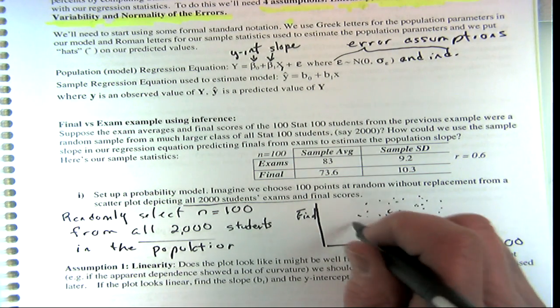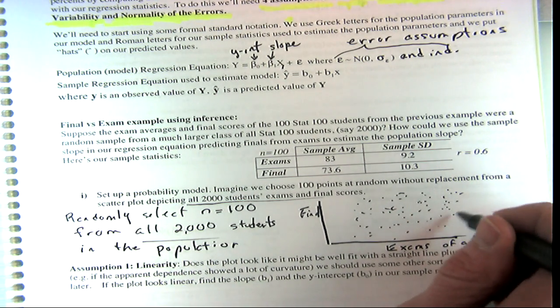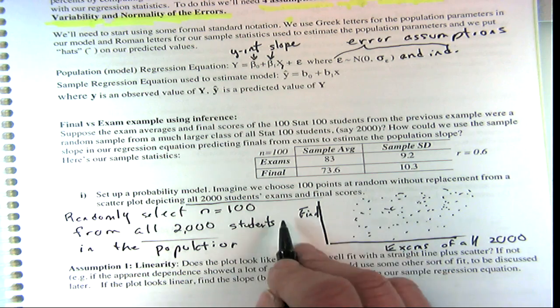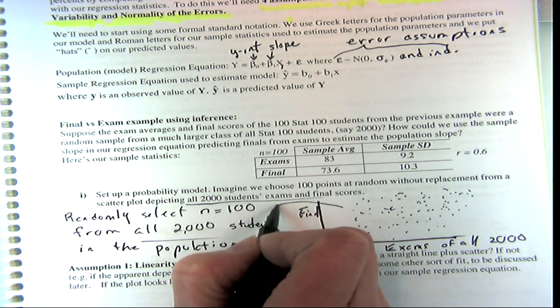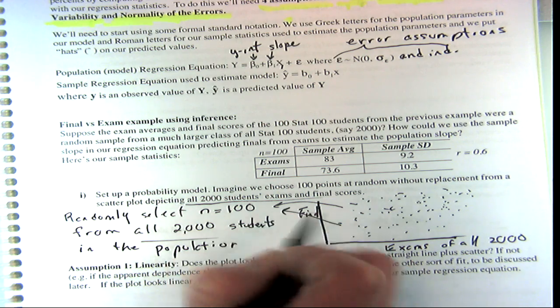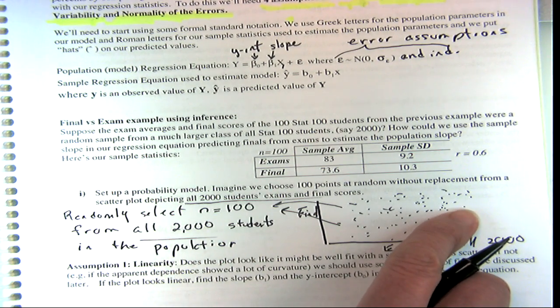There's this population out there. We don't know what it looks like, right? And we randomly draw out of the 2,000 we randomly draw 100 little points, okay?